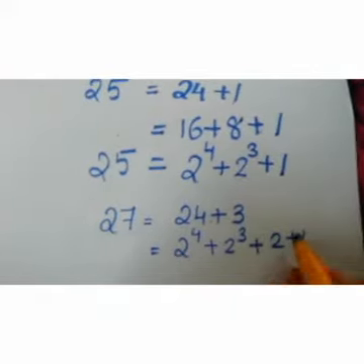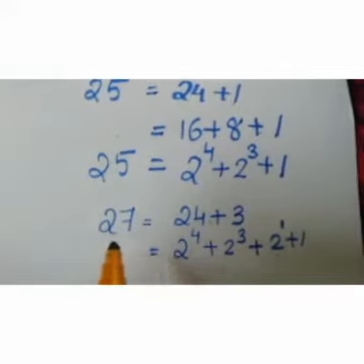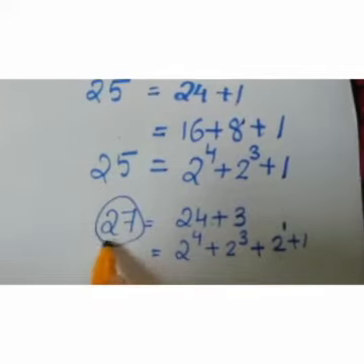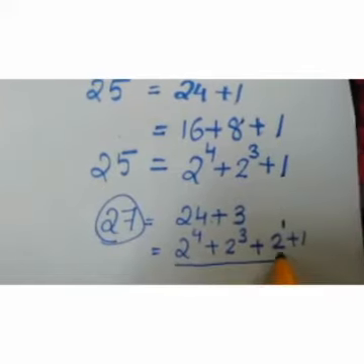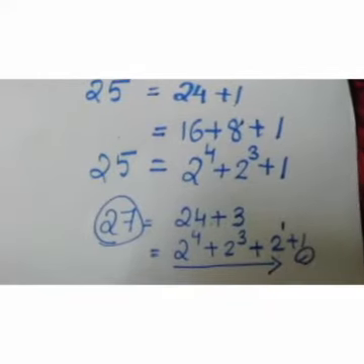Here 2 means 2 raised to 1. So we again prove that we can express an odd number in terms of powers of 2 and a sum of 1. Okay?